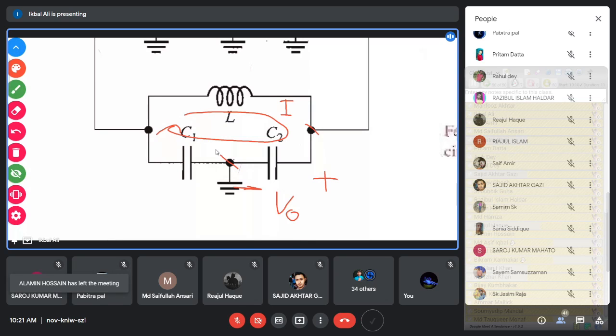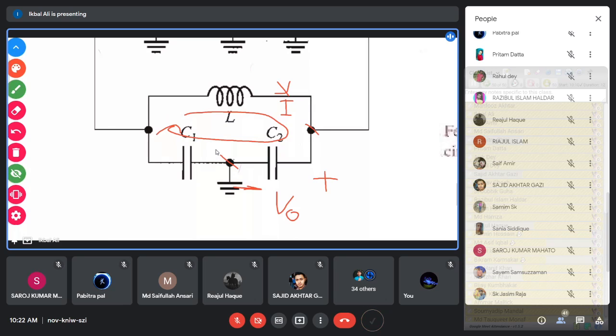So what is the voltage across C2? That is the output voltage V0, and it can be calculated in terms of the current I. So V0 equals the current I times the impedance of C2, X C2. Suppose the reactance of C2 is X C2, then V0 can be equated to current I times the impedance of the capacitor C2.